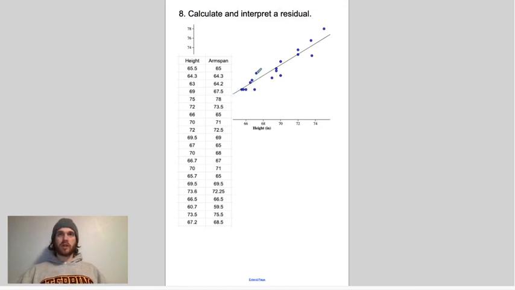And what it does is it takes all these distances for every possible line that could be constructed, and it takes all these little distances and squares all of them. So the least squares regression line is the line that minimizes the total area of all of these squares.